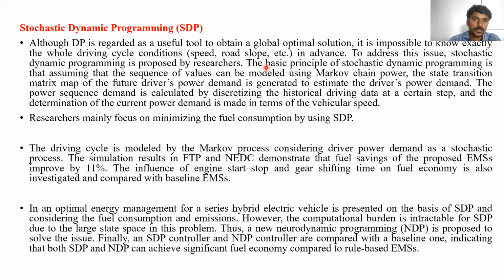By identifying the driving cycles, so why do we need to identify the driving cycle? In order to estimate how much energy is consumed by the vehicle, how much fuel is consumed by the vehicle, how much pollution will be introduced into the atmosphere, how much pollution is going to be controlled, or how much pollution is going to be increased.